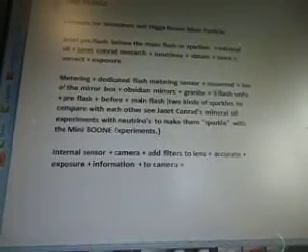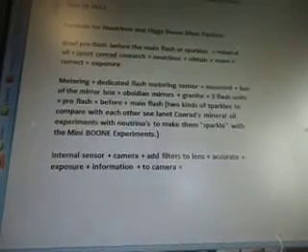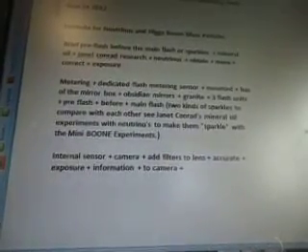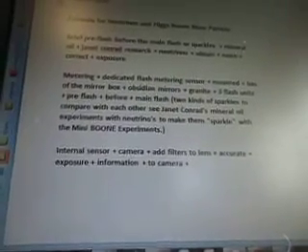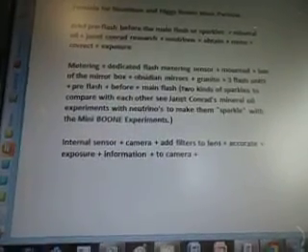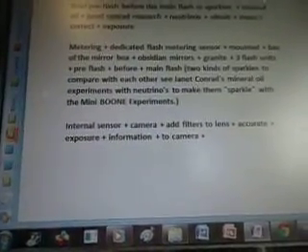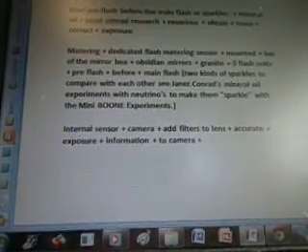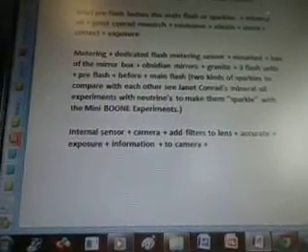Obsidian mirrors. Granite. 3 flash units. Pre-flash before main flash. 2 kinds of sparkles to compare with each other. See Janet Conrad's mineral oil experiments with neutrinos to make them sparkle with the MiniBooNE experiments. Internal sensor, camera, add filters to lens, accurate exposure information to camera.